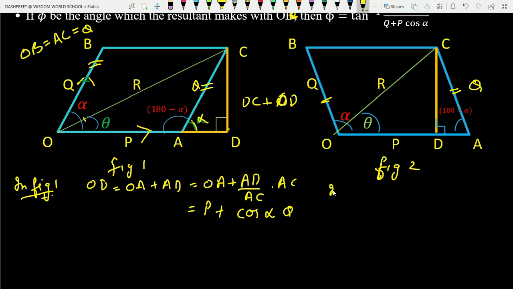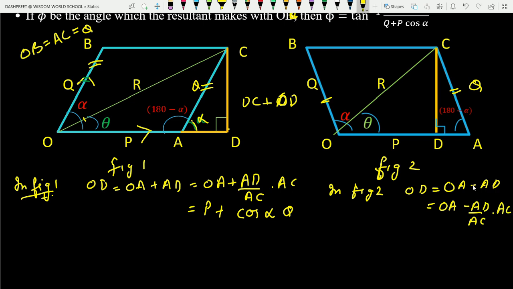And in figure 2 we have OD equal to OA minus AD, which can be further written as OA minus AD by AC into AC.